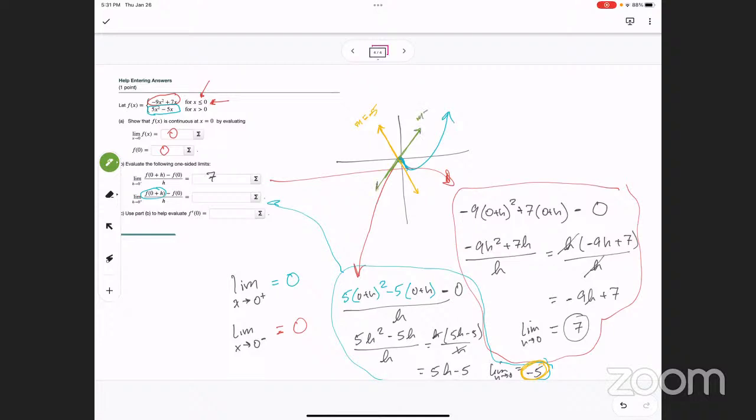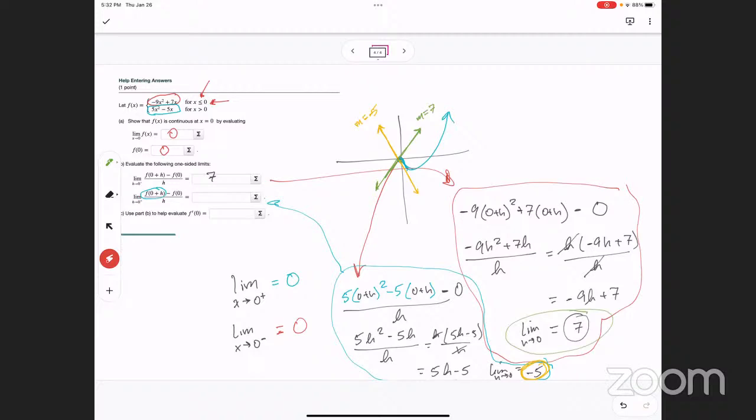In fact, it's 7 because it's this slope right here. So this piecewise function is continuous, but it's not differentiable at 0, where it came together. It might be continuous there because it's the same point, but the slopes are different coming from the left and coming from the right.